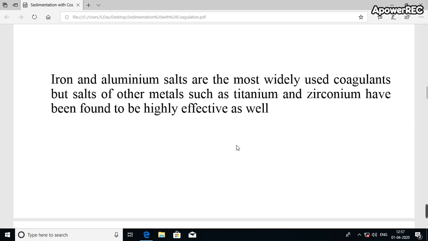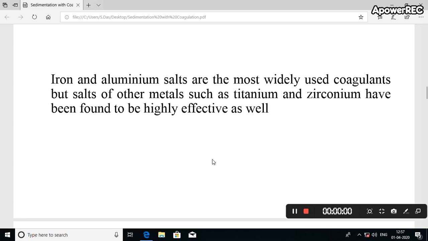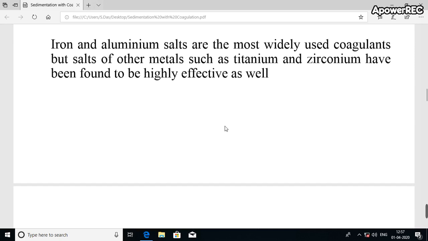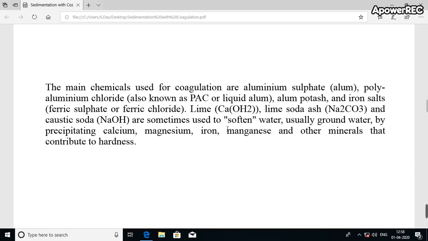These are some of the examples: iron and aluminum salts. Obviously, the alum salts that I mentioned in the class are the things which will help to sediment the particles and to produce coagulation. These are also a few of the names.